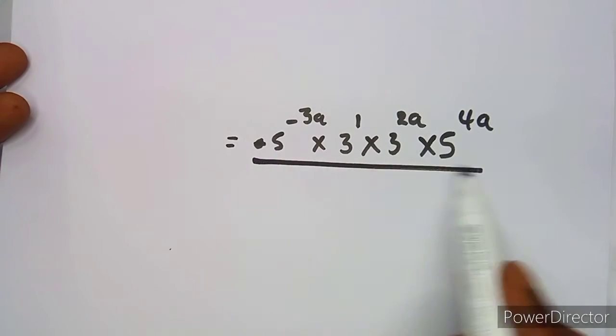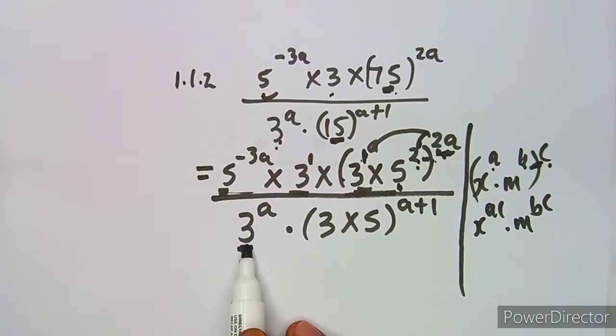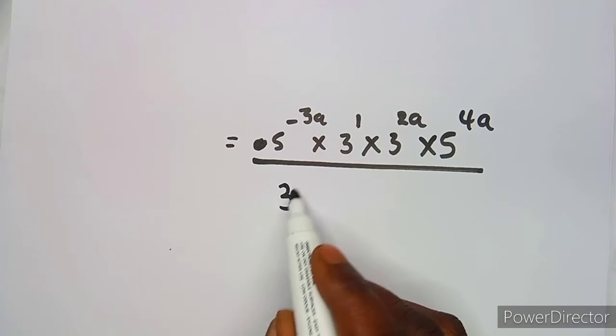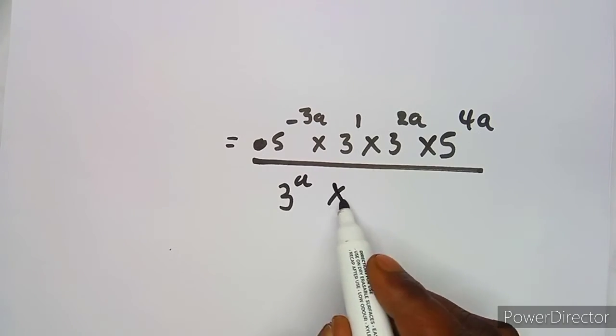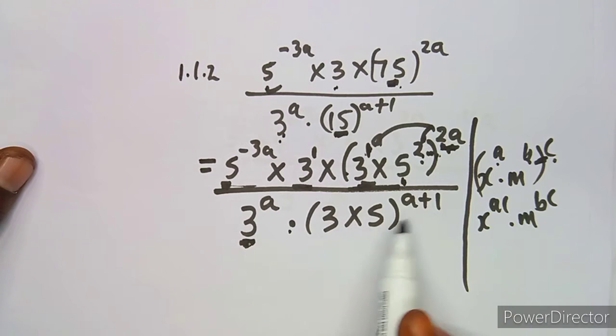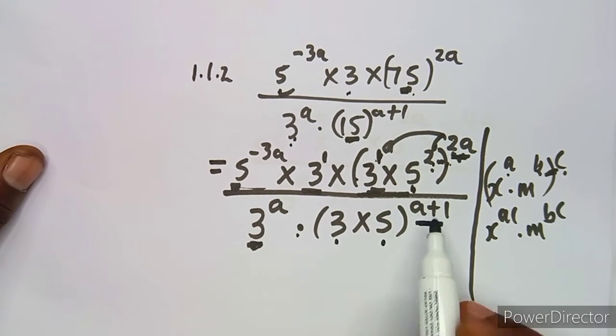You do the same thing here. Just write as it is again. So it's over. Take note, guys, this is not included. So it's over what? 3 is in the simplest form, so it's going to remain as it is. 3 to the exponent of a times 3 times 5 to the exponent of a plus 1. We are doing the same.